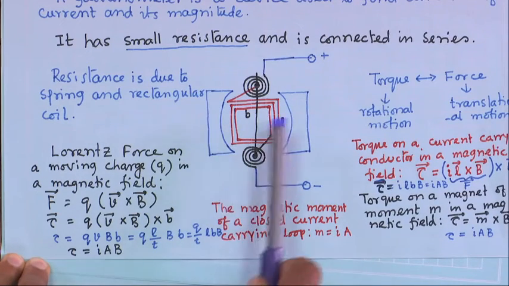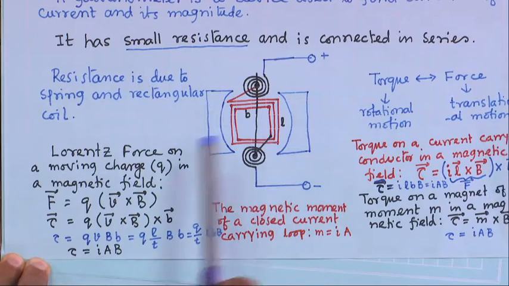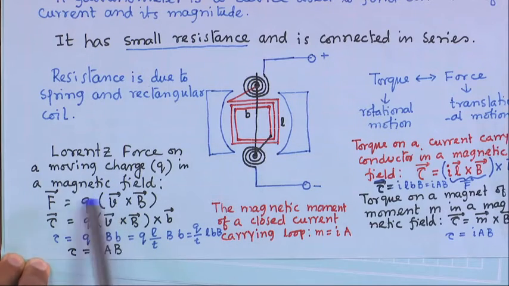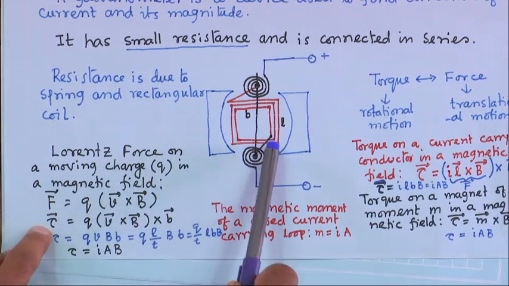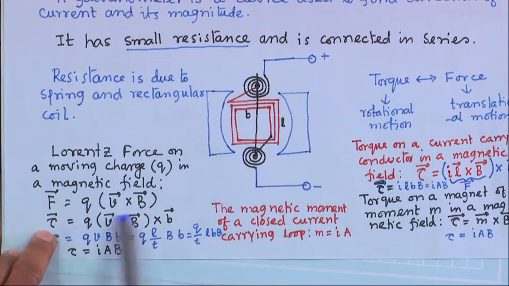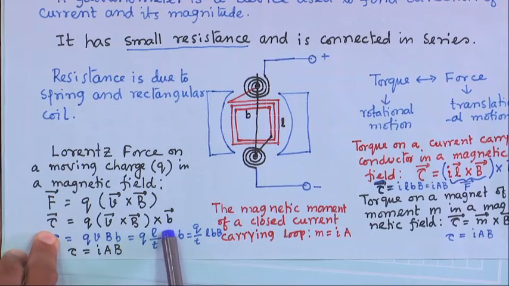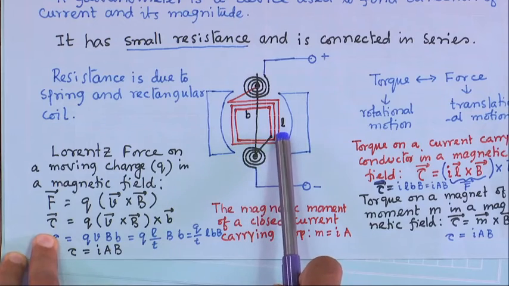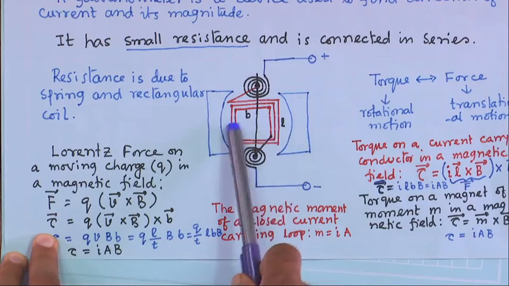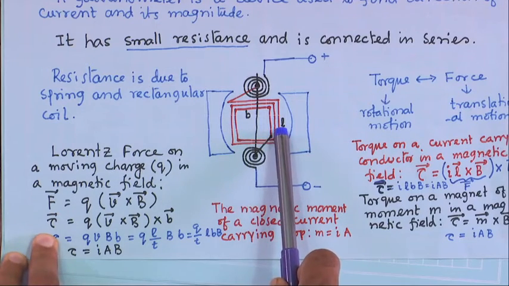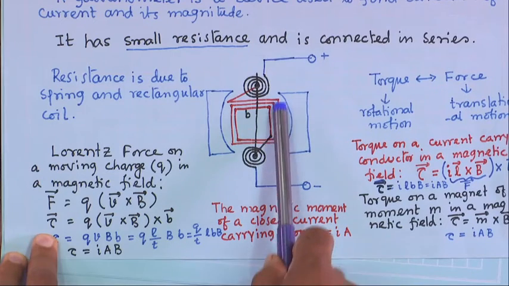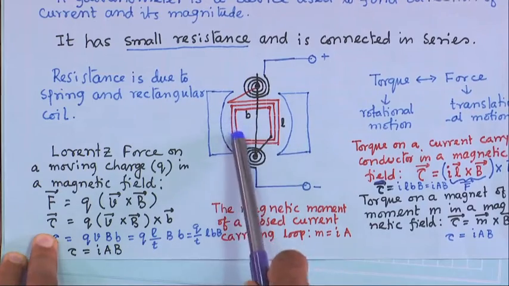So, here this is the force and I need to find out the torque. The torque is this force into b again. Again there will be two forces in opposite directions on these two arms, because if the current is up in this direction, then it is down in the other.